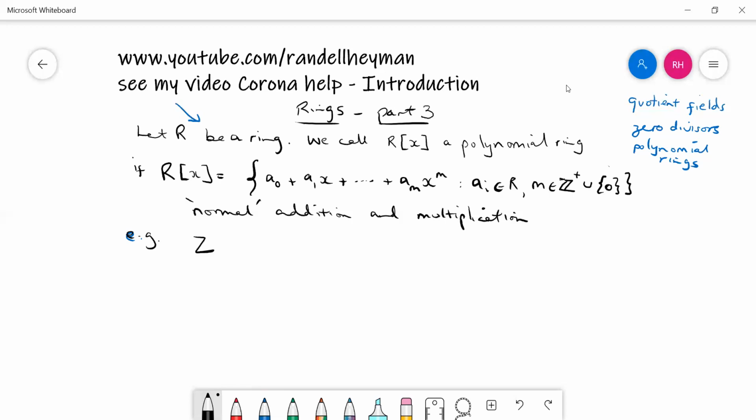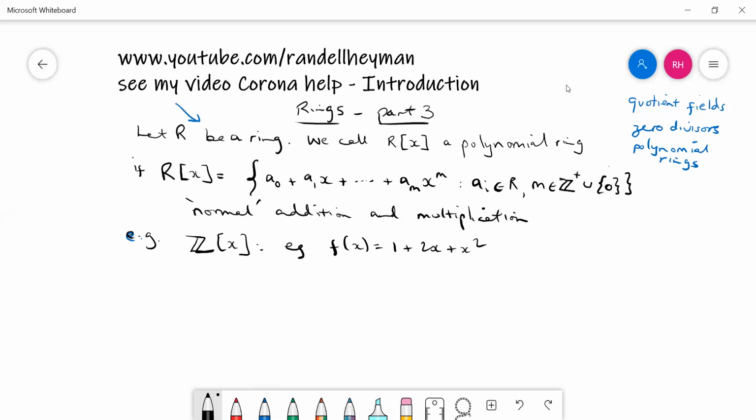So the classic one is Z[x]. An example of an element would be, say, f(x) equals 1 plus 2x plus x squared.